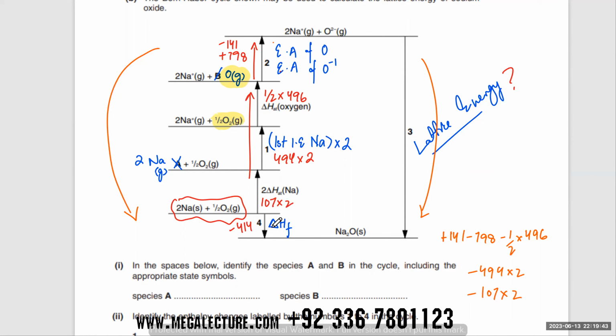The last one is in the same direction, so that's minus 414. That's all equal to the lattice energy. According to Hess's law, one path is equal to the other path.